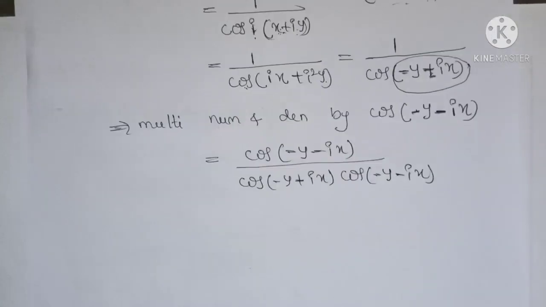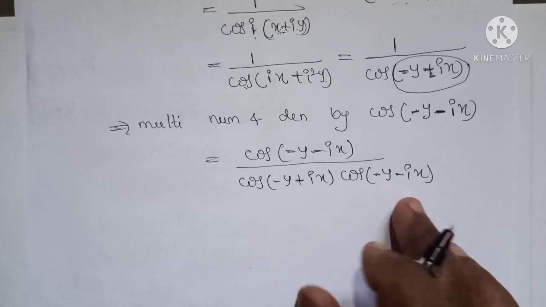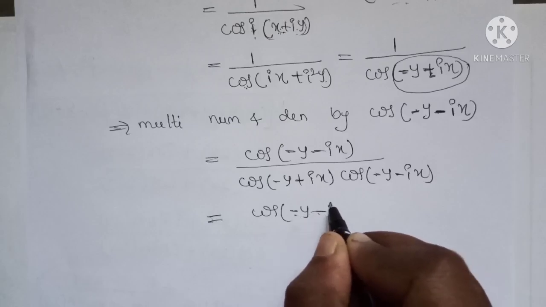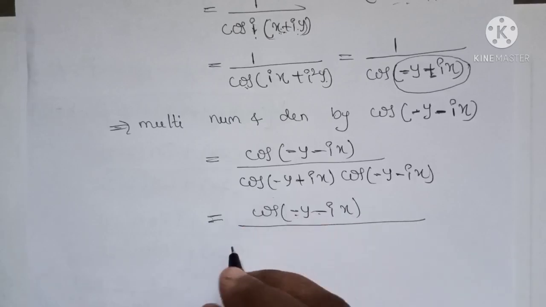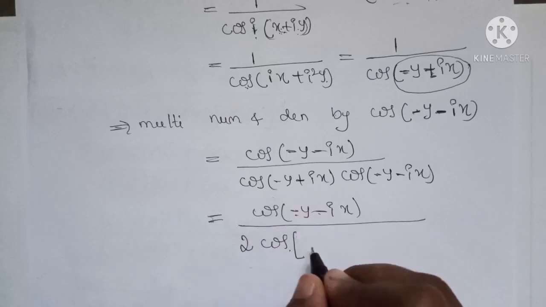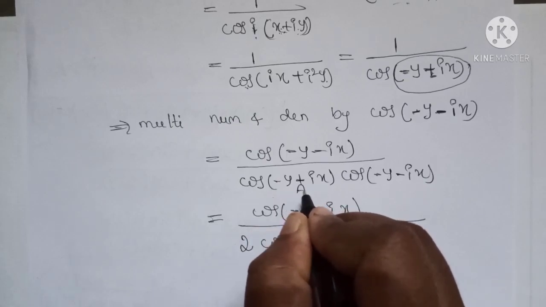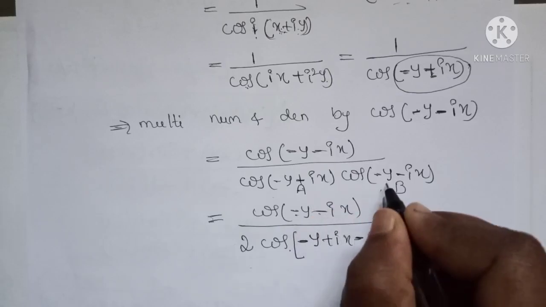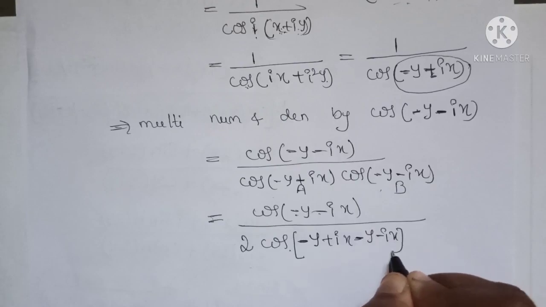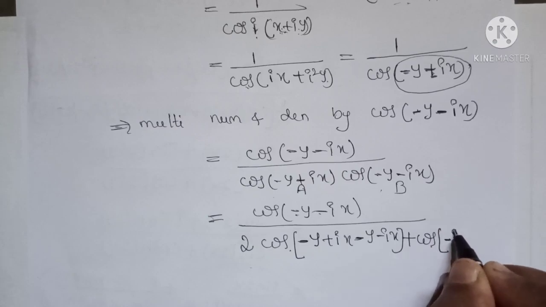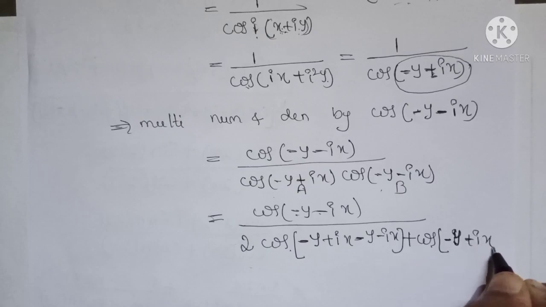For the denominator we can apply the formula for cos A into cos B, then we get the numerator the same as it is, cos of minus y minus ix, divided by the denominator, which becomes 1 by 2, cos of A plus B plus cos of A minus B. A plus B means minus y plus ix minus y minus ix, plus cos of A minus B. A minus B means minus y plus ix minus minus y plus ix.